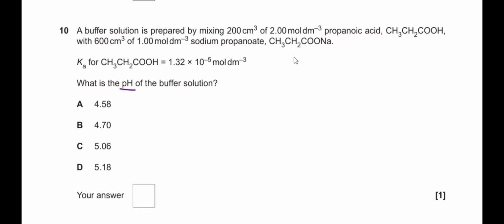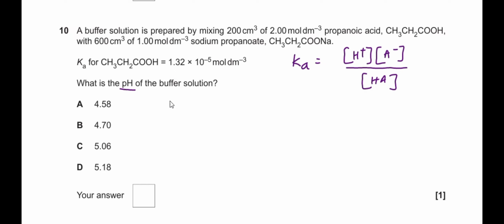The Ka equation goes like this. Ka equals hydrogen ion concentration times the salt ion concentration divided by the concentration of the acid, which we can write as HA. To find the concentration of each of these species, we need to know its number of moles and the total volume.